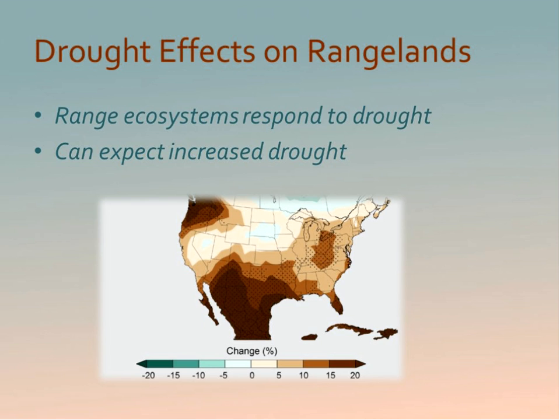Range ecosystems and management tend to be more responsive to weather than we typically associate with forests. And the second point is that much of the area that is in range is generally projected towards drier conditions overall, particularly more in the southwest than towards the Midwest. So if we're looking at the Midwest, we're projecting largely damper conditions as opposed to the southwest.